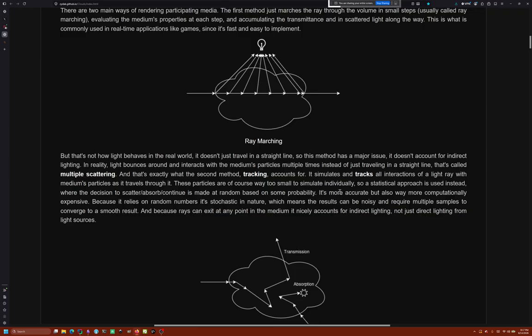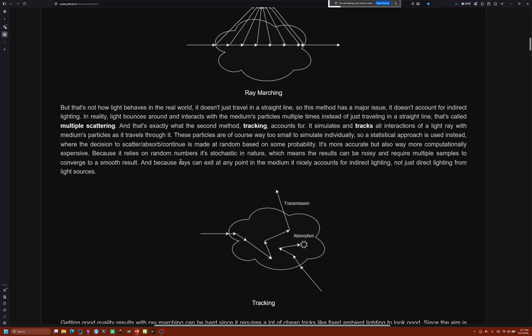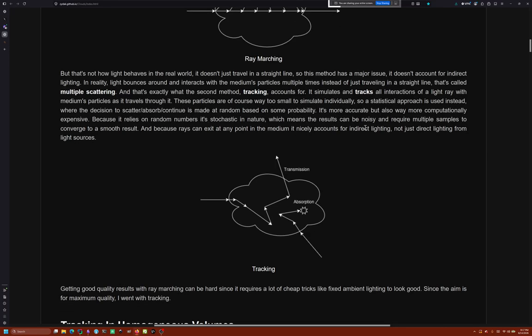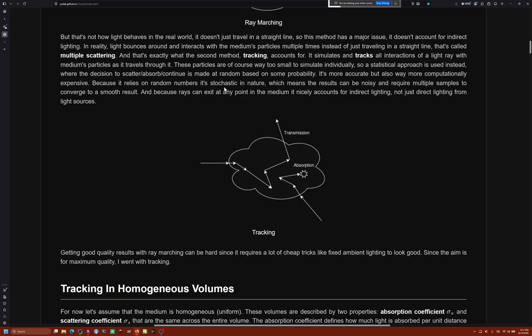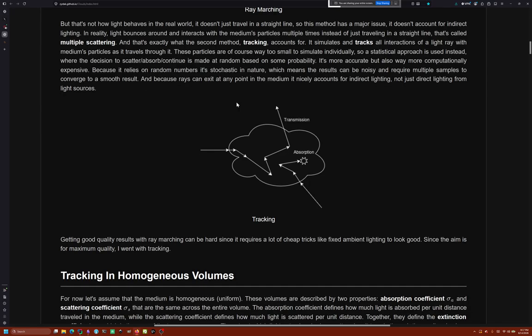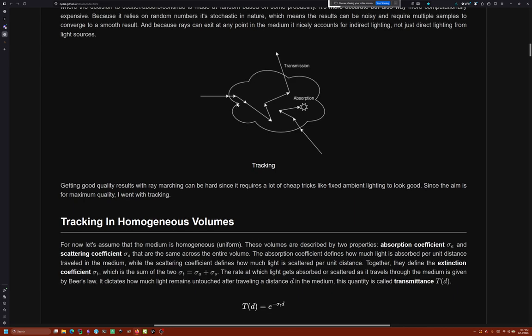It's more accurate, but also way more computationally expensive. Because it relies on random numbers, it's stochastic in nature, which means that the results can be noisy and require multiple samples to converge to a smooth result. And because rays can exit at any point in the medium, it nicely accounts for indirect lighting, not just direct lighting from light sources.